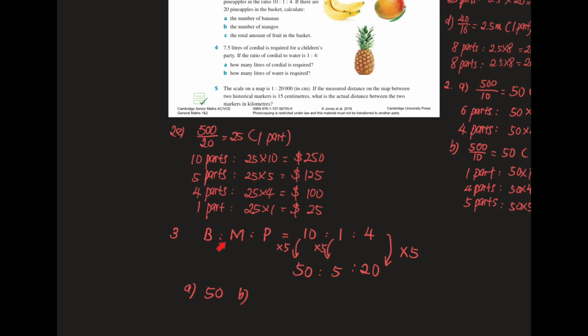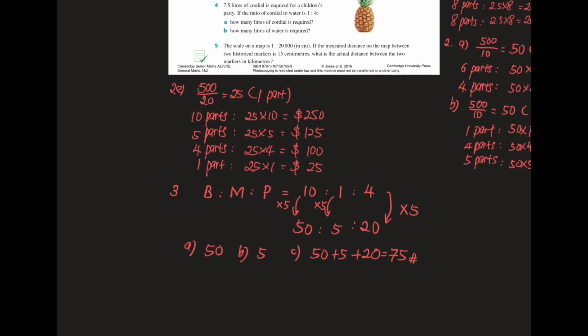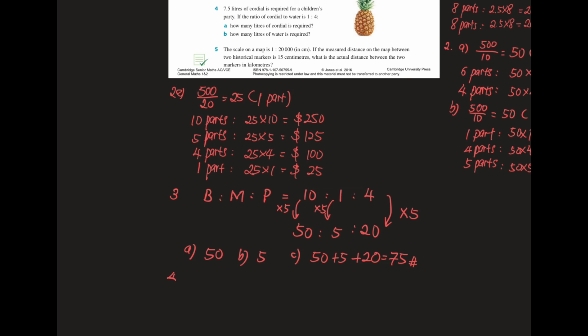And B, the number of mangoes, which is the second one: 5 of them. And C, the total amount. So we just add them up. 50 plus 5 plus 20, then we get 75. So that is question 3.